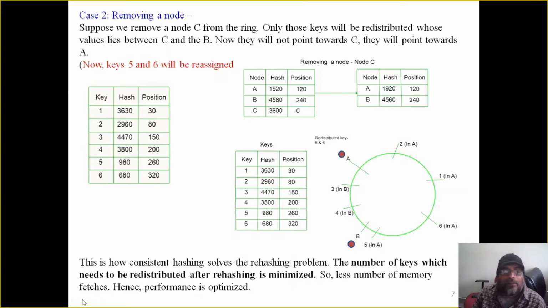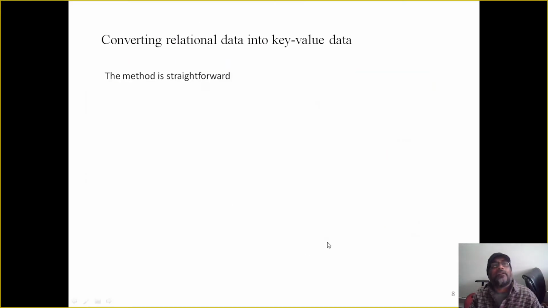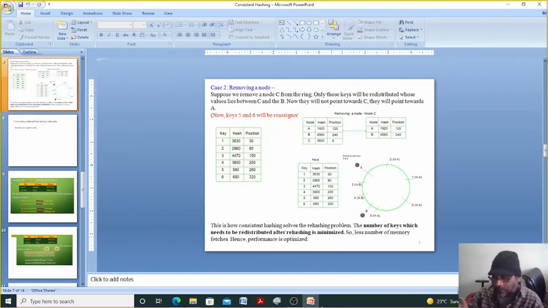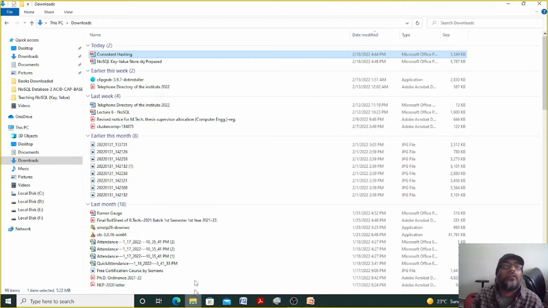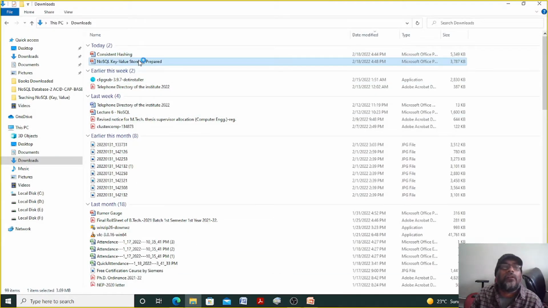The number of keys which need to be redistributed after rehashing is minimized, so fewer memory fetches, hence performance is optimized. This was the same explanation we were discussing in the previous class, but it was written somewhat more in text form, and now we can easily understand that.